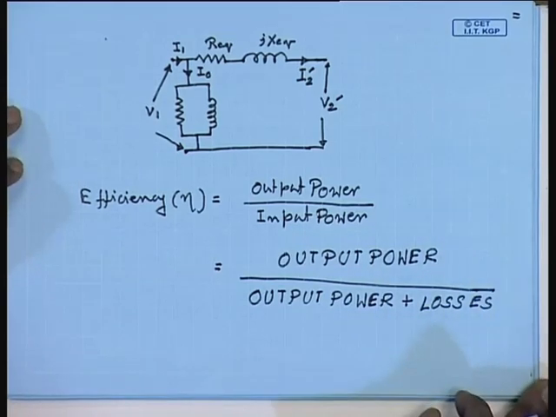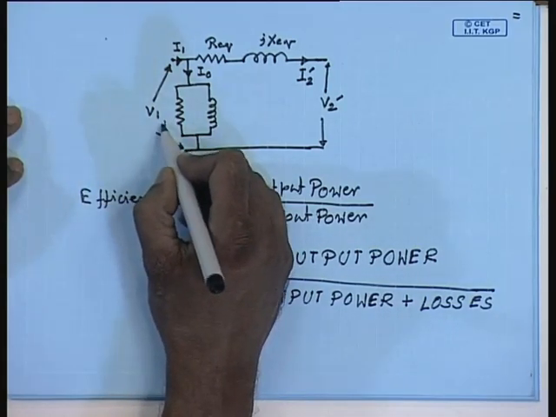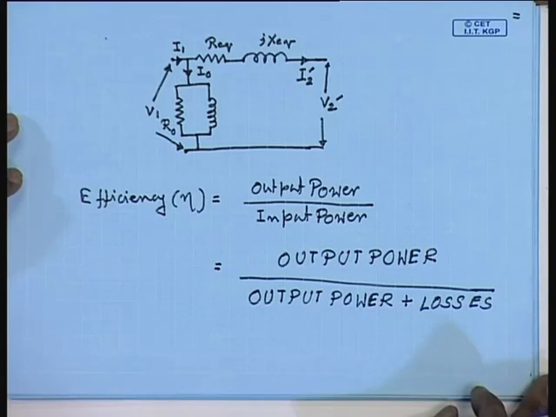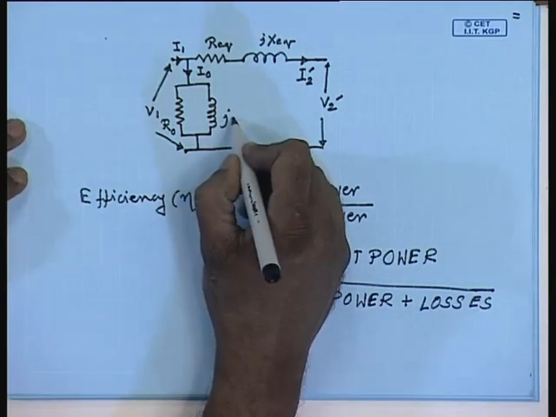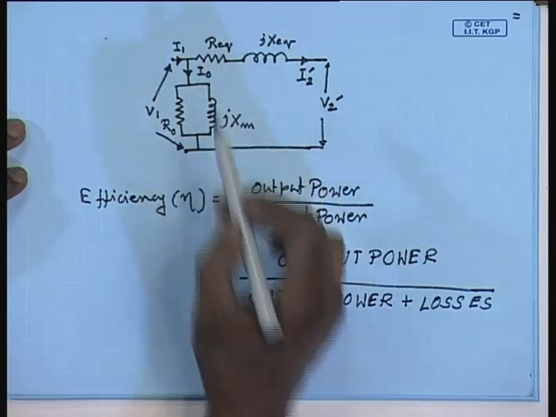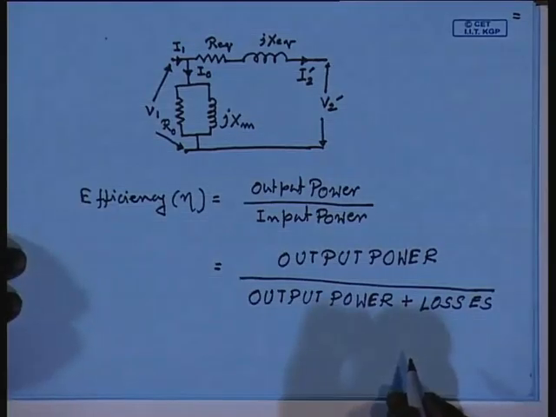Now, what are the different losses that can occur in a single phase transformer? We have seen the first element is the core loss resistance. This is the loss due to hysteresis and eddy current, and in the equivalent circuit we represent it by a resistance. And the second major loss that can occur is in the winding resistances Req. Therefore, the losses can be broken down into two parts.